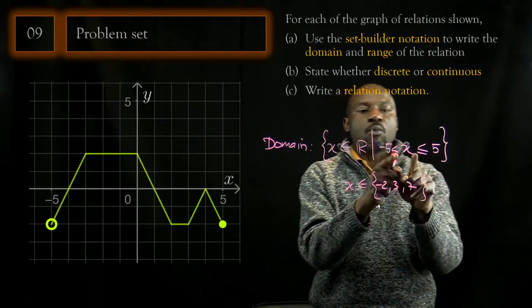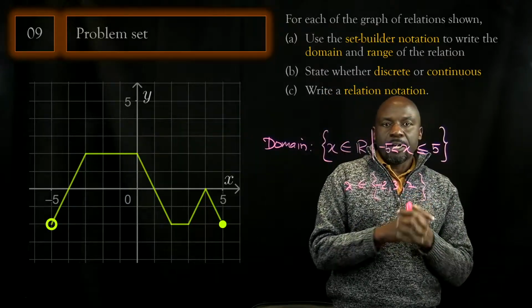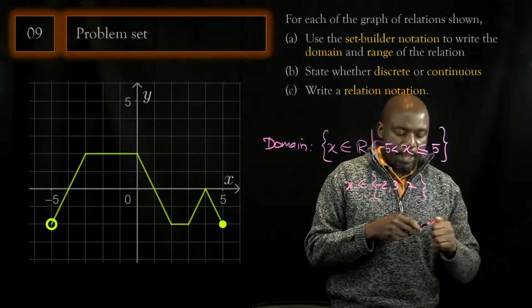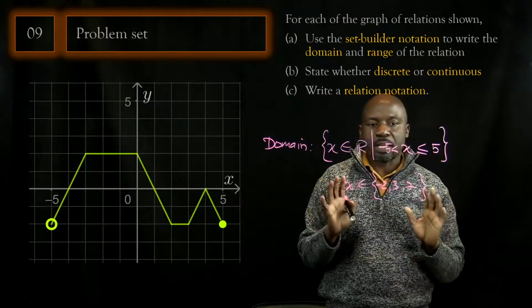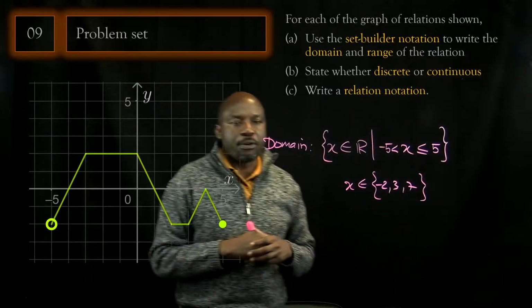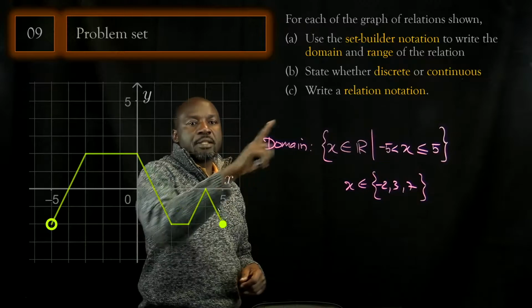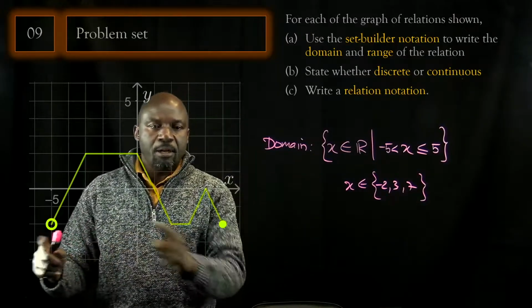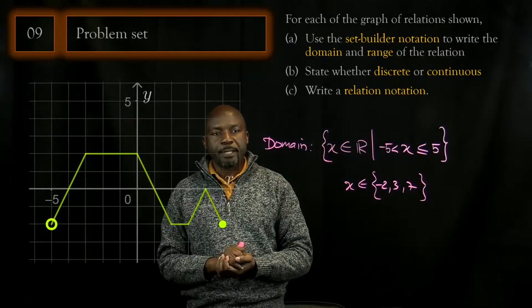There's another way of representing this, but we can talk about that later. I think we leave that for a moment so that we get used to this first, and then we can look at other alternative methods of representing this. And so that's the domain of this particular relation. That's how we would represent the domain.